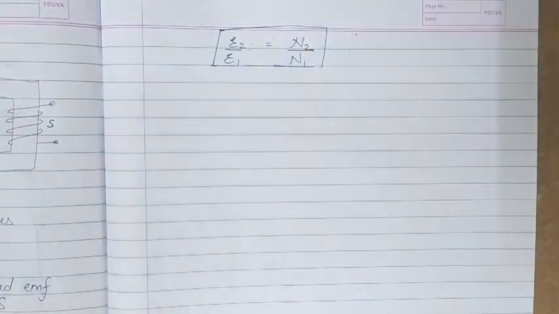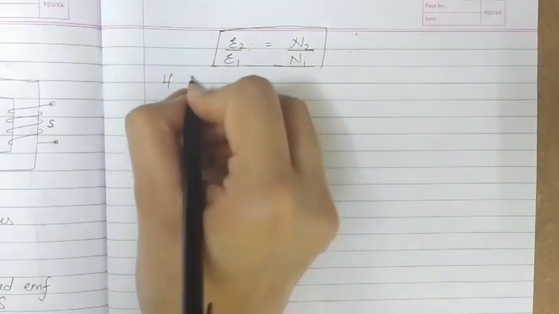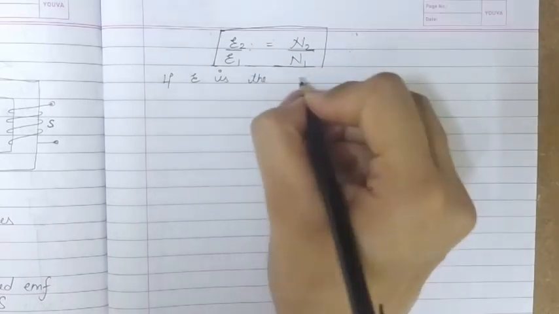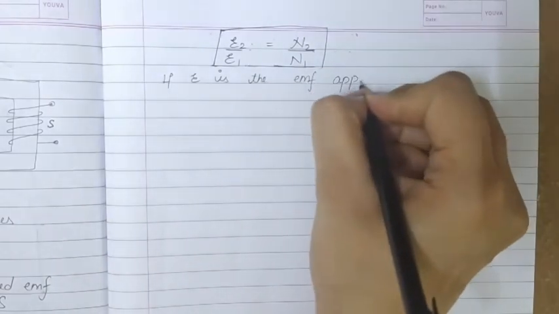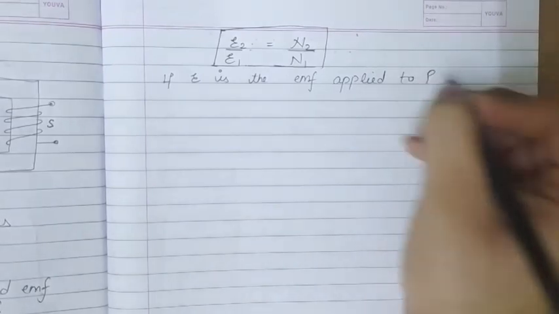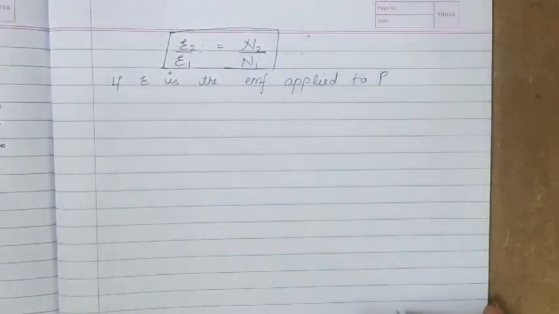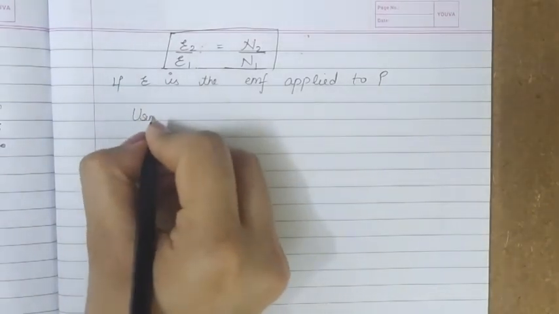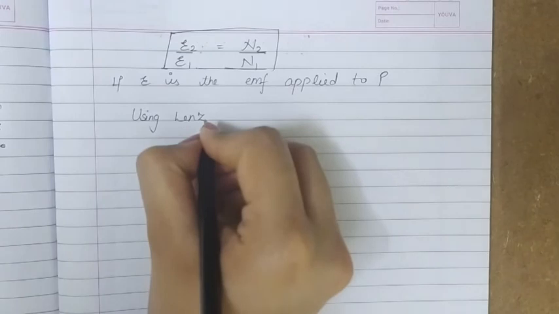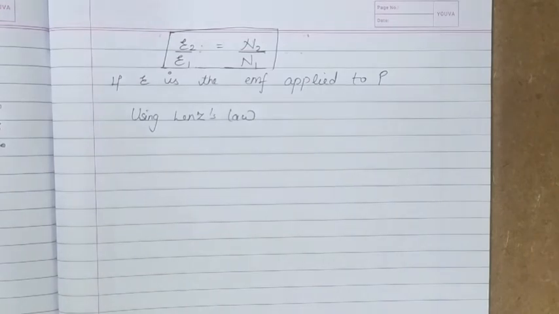Now if epsilon is the EMF applied to the primary, the EMF that we are applying from the source, applied to the primary coil because we are connecting the source with the primary only, then using Lenz law, the self induced EMF epsilon 1 set up in the primary coil should oppose epsilon, because it opposes its cause, and the cause for it is epsilon only.